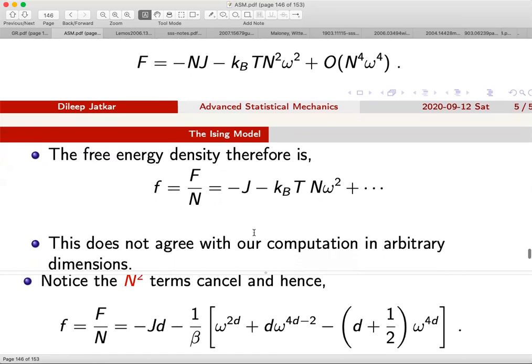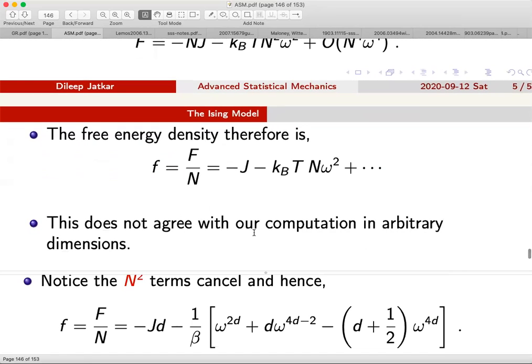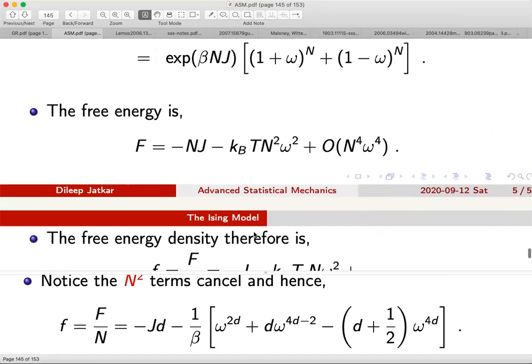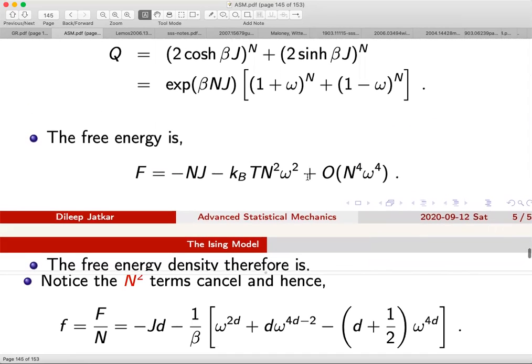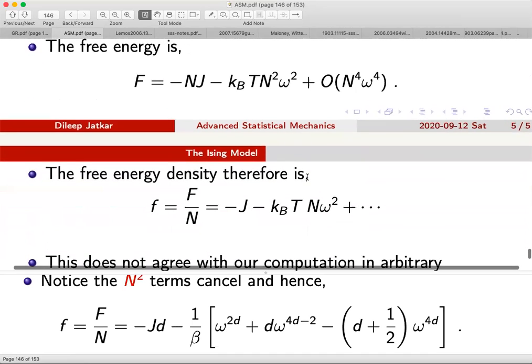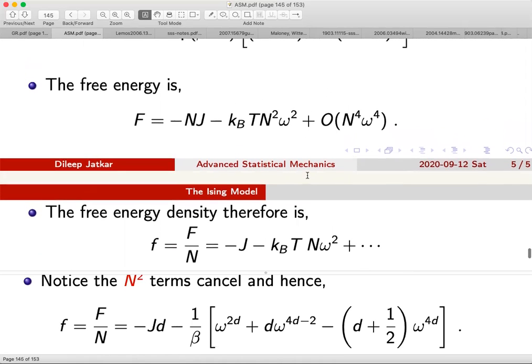Well, we have written right now plus dot dot dot, but those dots are omega higher order corrections. That is right. We cannot say whether n squared is larger, because n goes to infinity and omega is going to 0 exponentially in beta. We don't know which one will dominate.